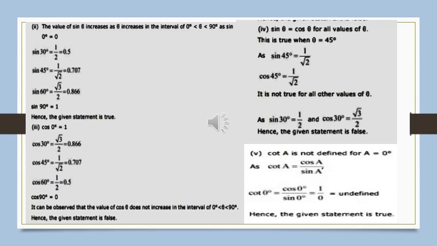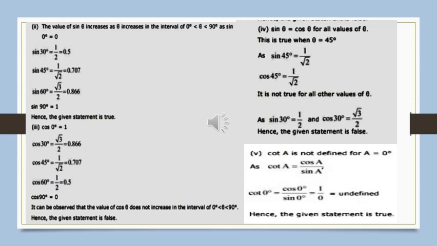See the second statement: the value of sin theta increases as theta increases in the interval 0 to 90. So if you see, sin 30 equals 1 by 2, which is 0.5. Sin 45 equals 1 upon root 2, which is 0.707. Sin 60 equals root 3 by 2, which is approximately 0.866, and sin 90 equals 1.